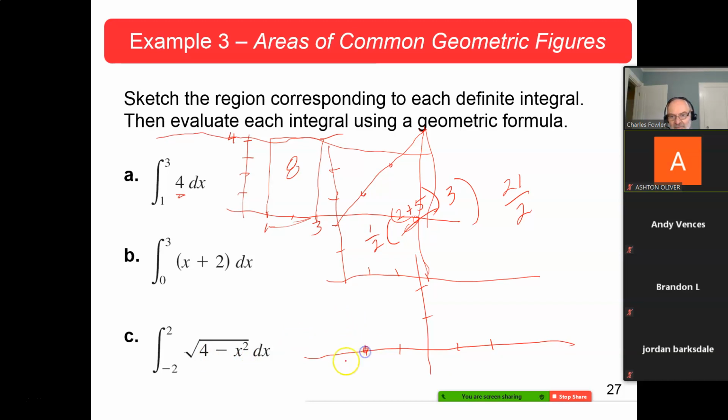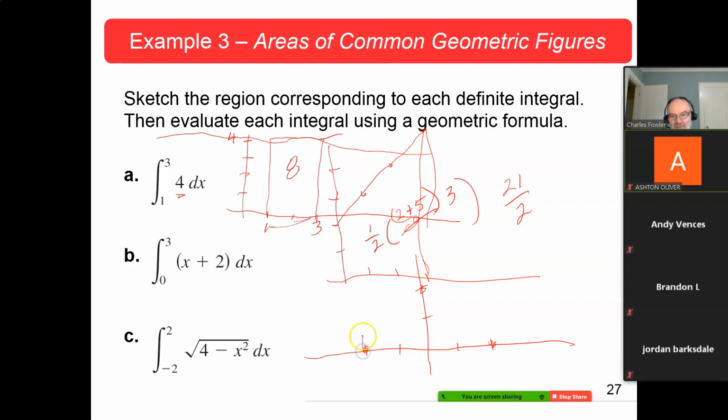Square root of 0 is 0. When x is equal to 0, square root of 4 is 2. So then you're up here. And when x is equal to +2, 2 squared is 4, 4 minus 4 is 0. You're at 0 down here. You could do one more in there, like a -1 or a +1, that would be the square root of 3. Well, that's going to be somewhere up here.